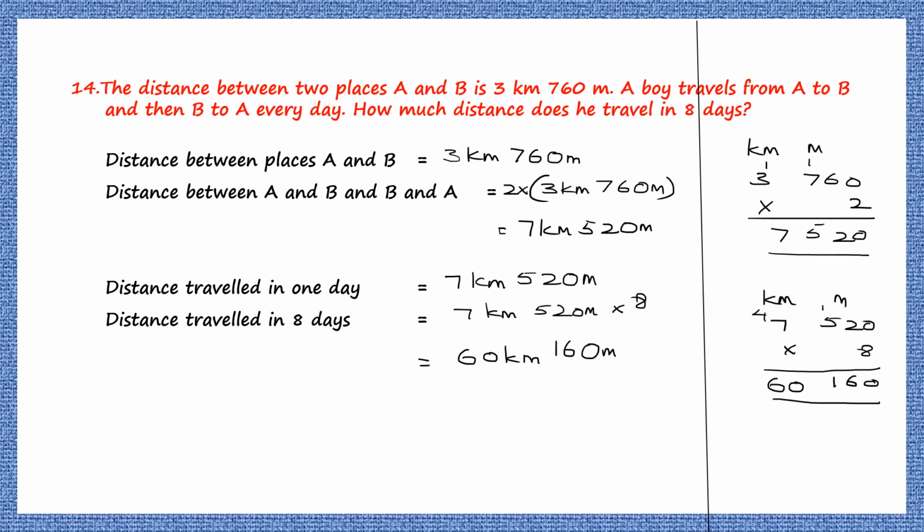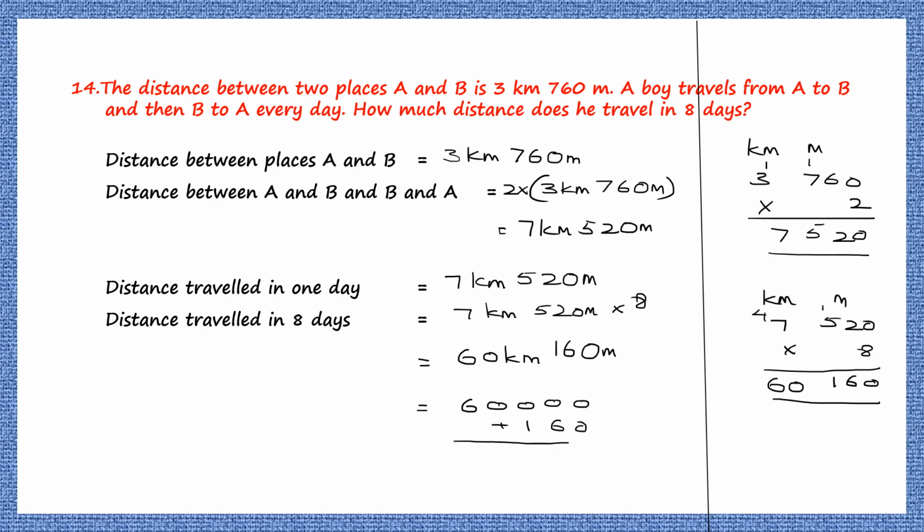You can convert it all to meters or all to kilometers. Now, if I have to convert it all into meters, 1 kilometer is 1000 meters. So 60 kilometers will be 60,000 plus 160 meters.